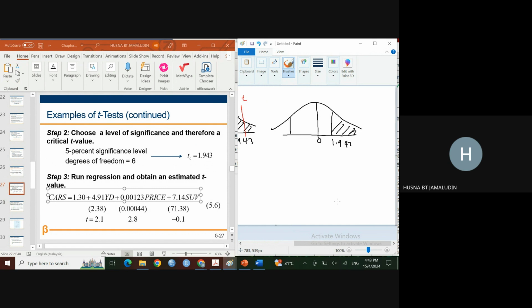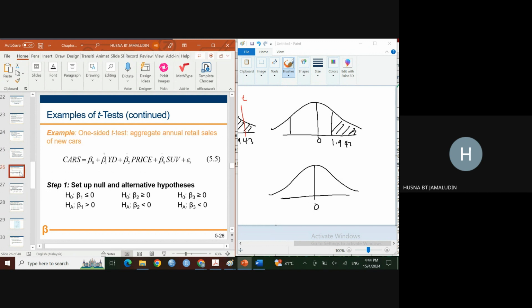Let me go back here and redraw the diagram. So this is 0. Your CV is actually negative. Why is that? Just to let you know, CV normally follows the signs of your hypothesis. So what is the sign for the price? Remember, when the price of the car is higher, what happens to the sales of the car?